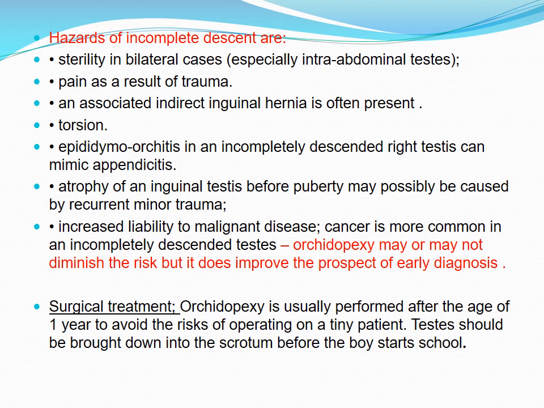Because when we operate on a tiny patient, maybe there is a possibility of danger to his life because of anesthesia or something else. So we do the surgery after 1 year, and the testis should be brought down into the scrotum before the boy starts school.